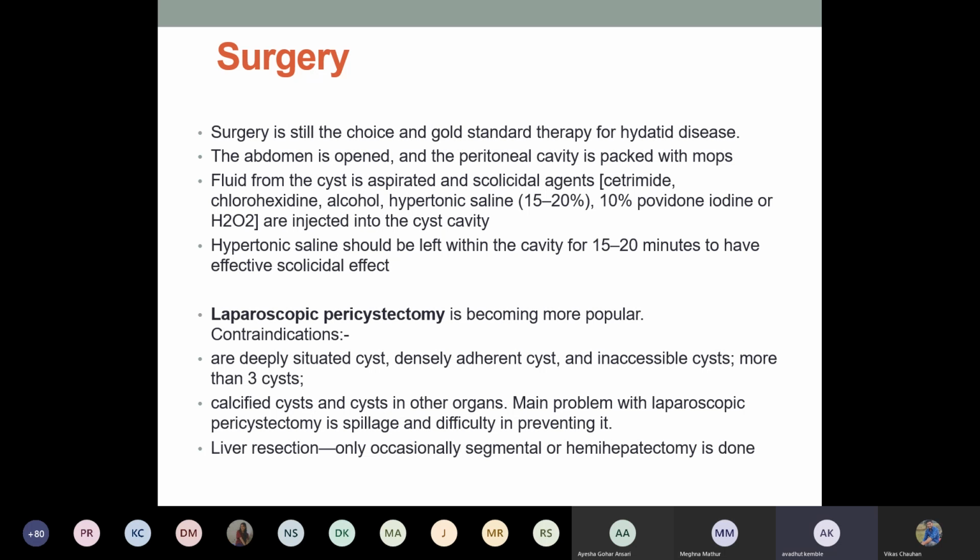Hypertonic saline should be left within the cavity for 15 to 20 minutes to have an effective scolicidal effect. And this is done for avoidance of recurrence of the cyst within the affected organ.